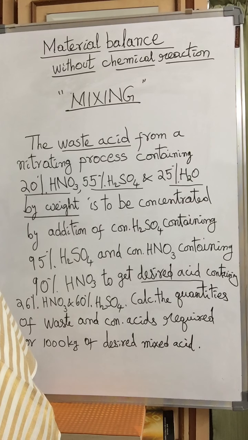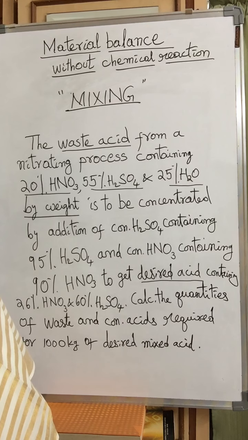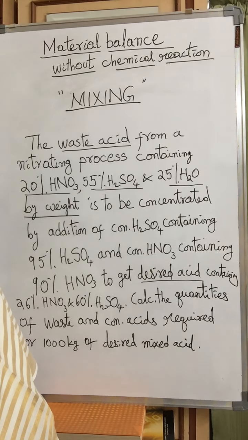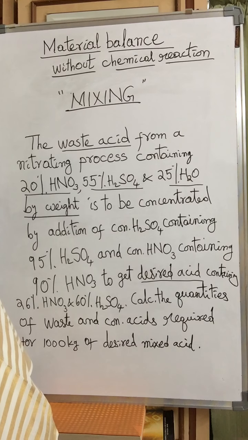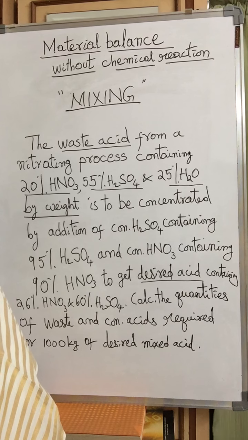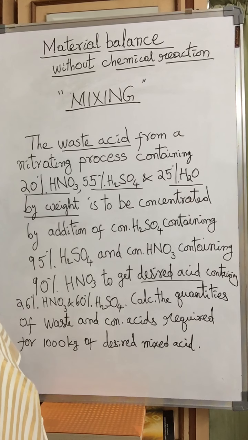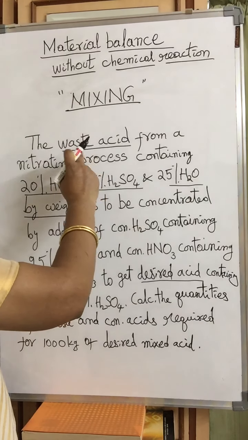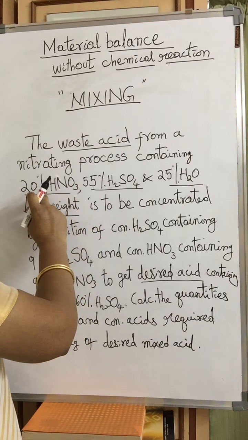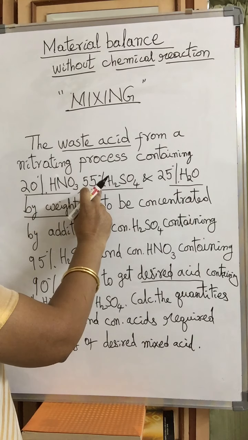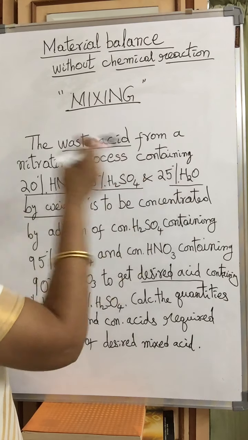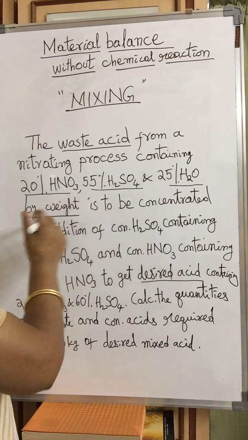Some small entrepreneurs purchase the spent acid and then increase the strength of the acids by the addition of pure acids. That is like a small business for them. So here the spent acid or waste acid contains 20% HNO3, 55% H2SO4, the rest is water, by weight.